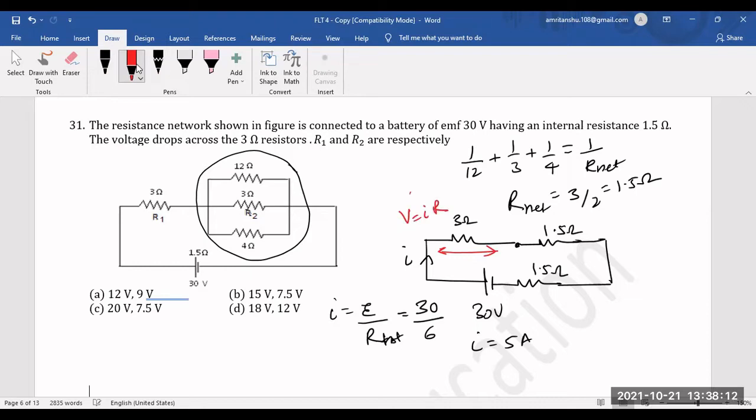That makes it 5 into 3, that is 15 volts. Potential difference across this will be how much? V equals IR, 5 into 1.5, which is 7.5 volts. So correct option for this is 15 and 7.5 volts.